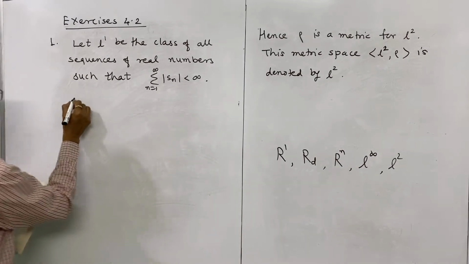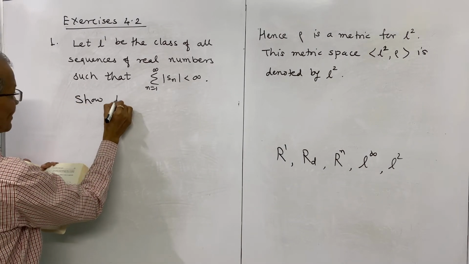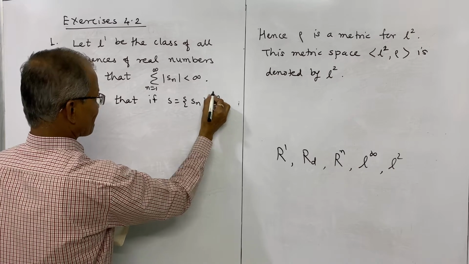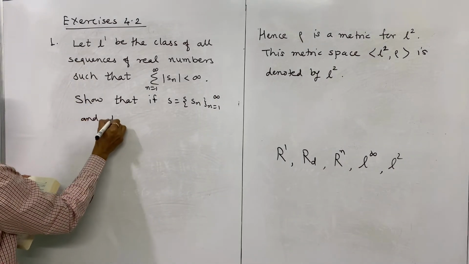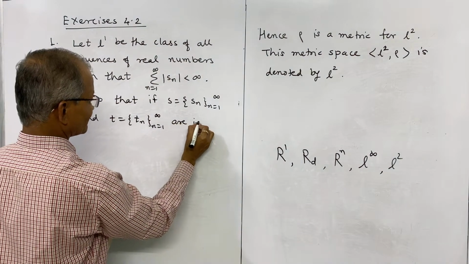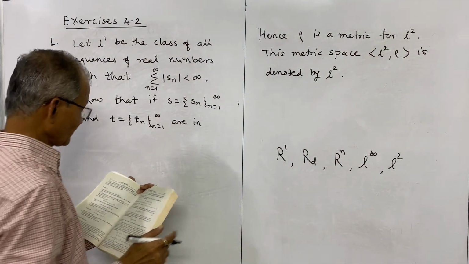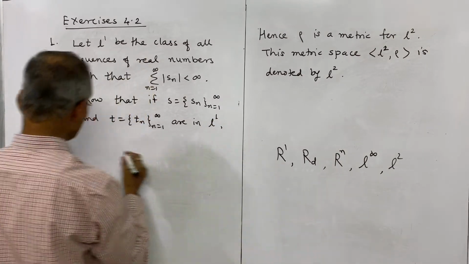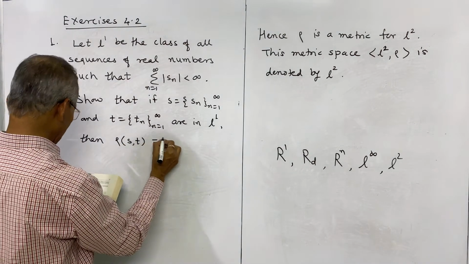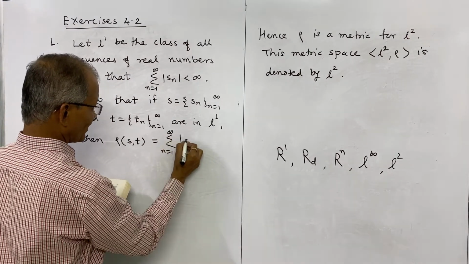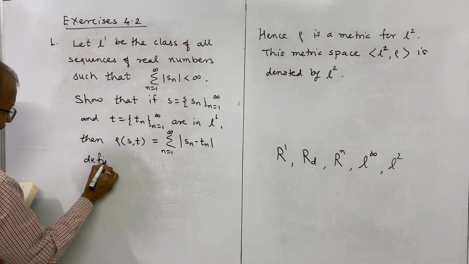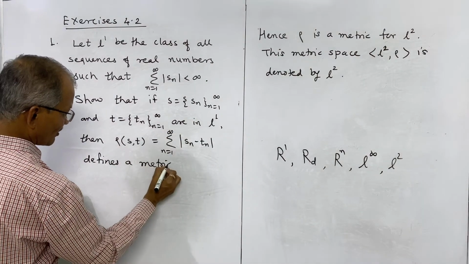Show that if we denote S by Sn and T as the sequence Tn are in L1, then this function rho of S and T is equal to summation n takes value 1 to infinity absolute value of Sn minus Tn, defines a metric for L1.